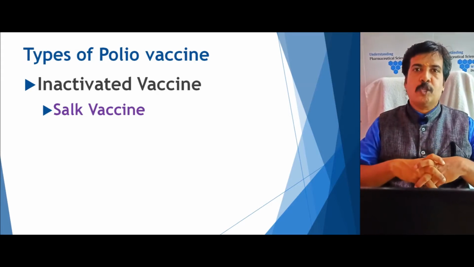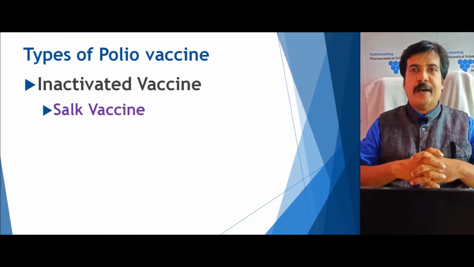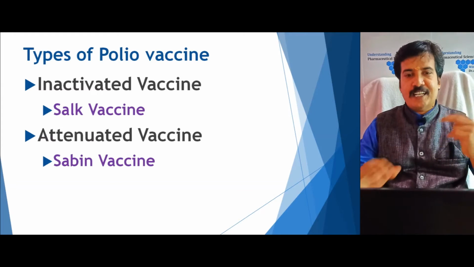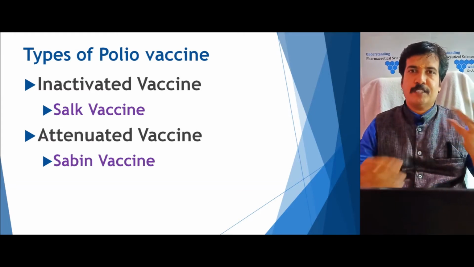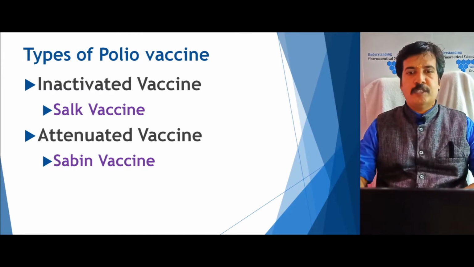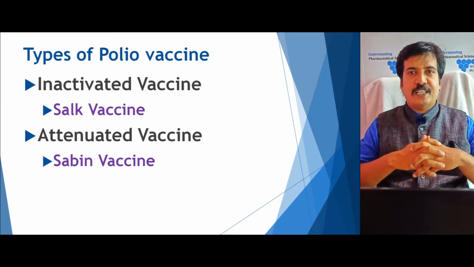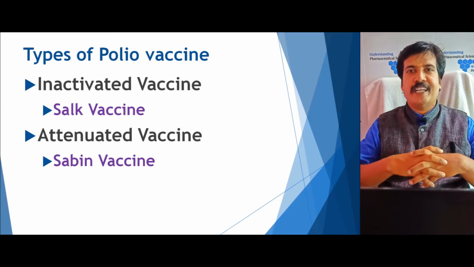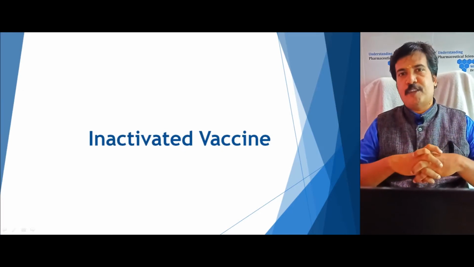It is also called the Salk vaccine, to honor the American virologist who developed it. The second is the attenuated vaccine, also called the Sabin vaccine because it was developed by Albert Sabin. These two vaccines have revolutionized the polio vaccination program, which many countries have contributed to in order to eradicate this disease. So let us understand the production process of both vaccines.